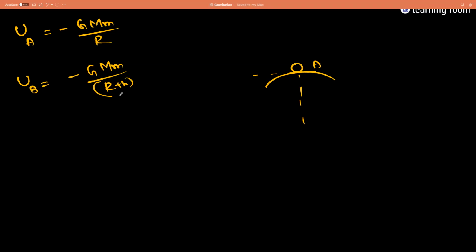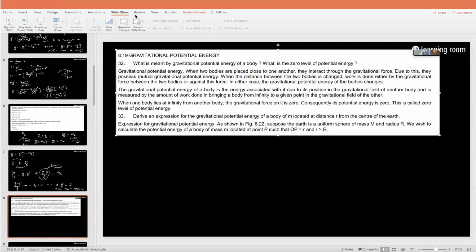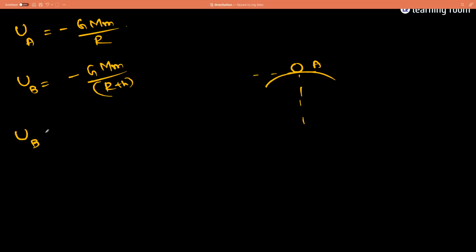So if you calculate the potential energy difference, how much are you going to get? Is what the question is. So what is going to be UB minus UA?